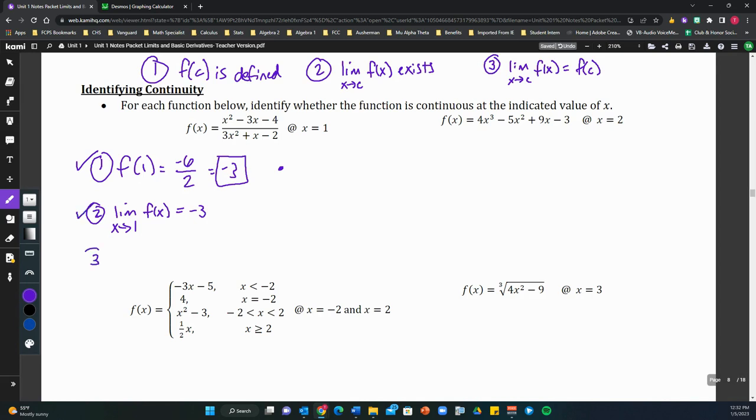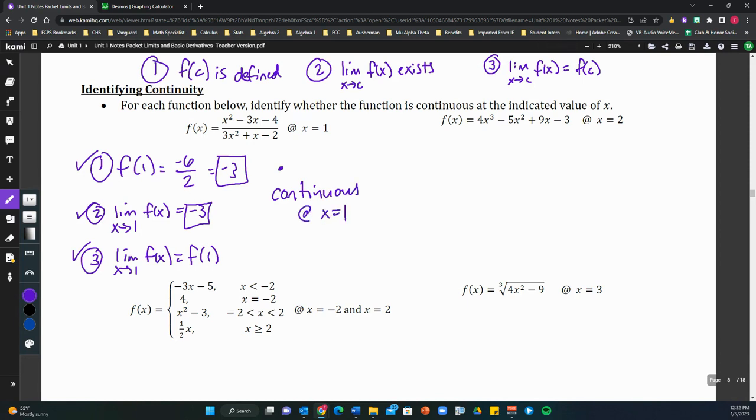So the second condition passes, and because these two both equal the same value, we know the limit as x approaches 1 of f of x is equal to f of 1. And so our third condition passes, and this function is continuous at x equals 1.